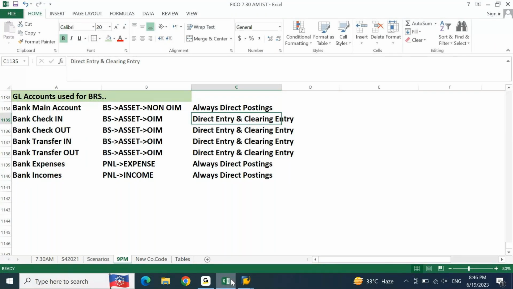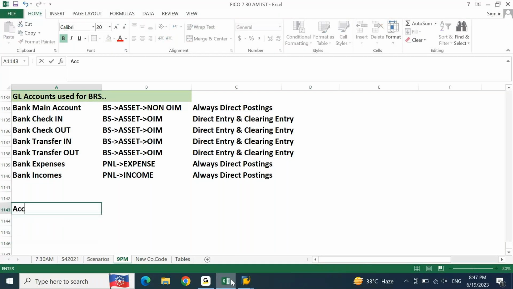Now let me pass the basic accounting entries here. Clear with the GL accounts, the nature of account, nature of postings that we will be doing. Yes, sir. Next, what I'll do, accounting entries.